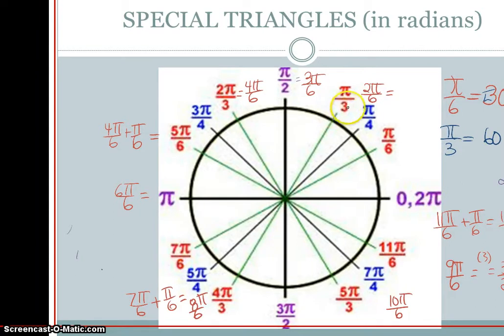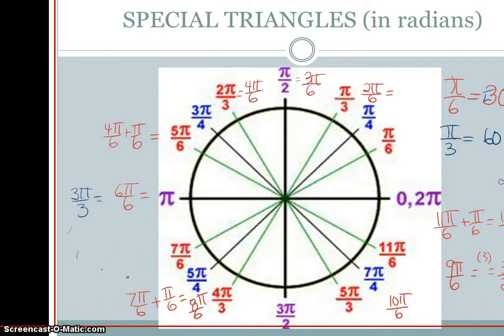Okay, so if we add another pi over 3 onto pi over 3, we get 2 pi over 3. Okay, so that's right here. And then if we add another pi over 3 onto 2 pi over 3, we get 3 pi over 3, which is equal to pi also.